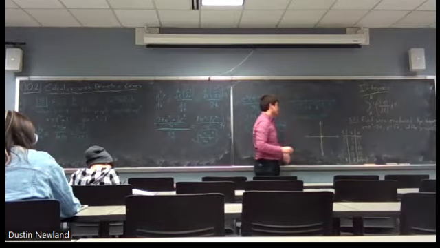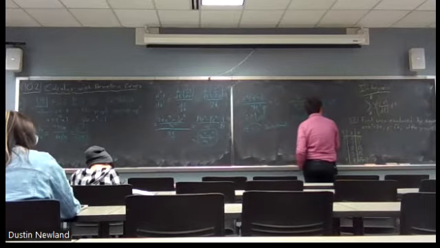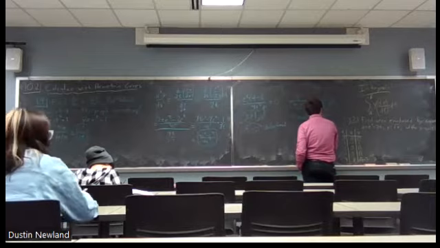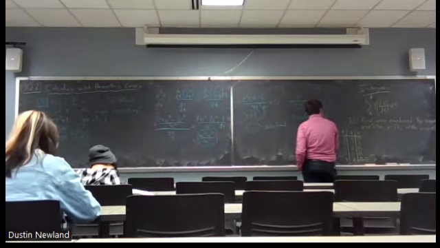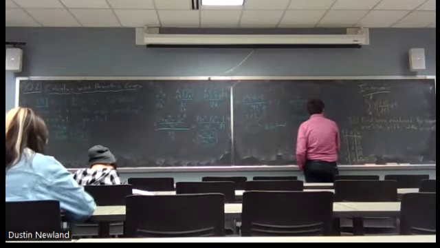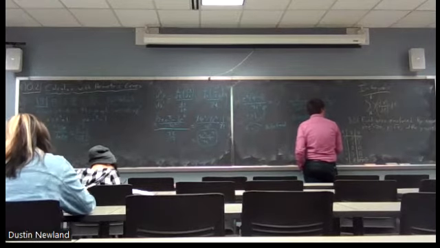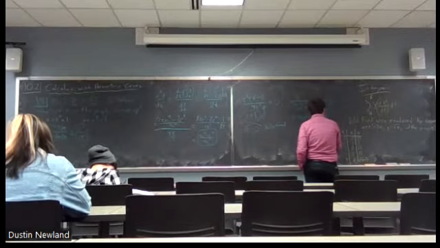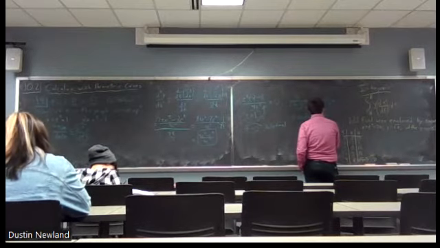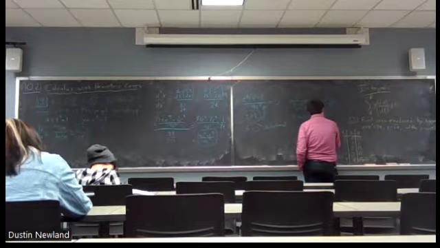Okay, so now I can plot these points, right? So we have 0, 0, we have negative 1, 1, we have 0, root 2, so that'll put us about here. We're gonna have 3 and square root of 3, which will be just a bit above where that root 2 is.